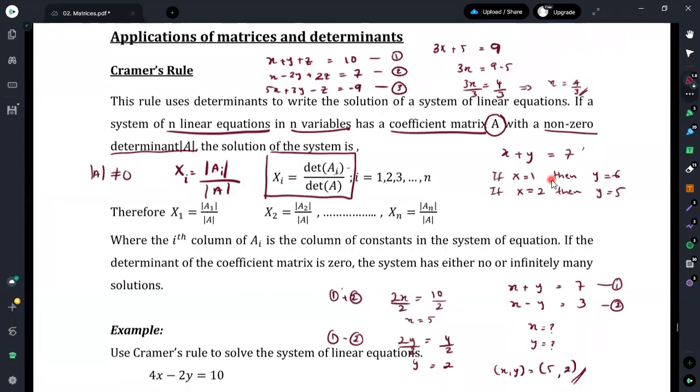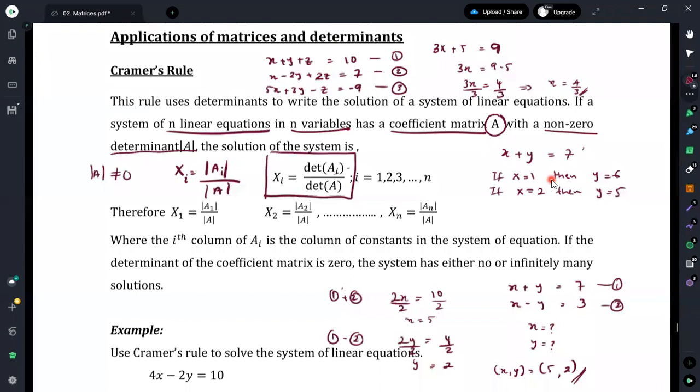Therefore, first you identify the coefficient matrix, then to obtain the solution for the ith variable, you have to replace the ith column of matrix A by the constant terms, and then you have to take the determinant and solve this equation to get an answer for the ith variable that you are considering.